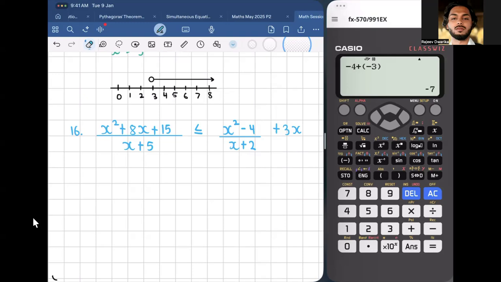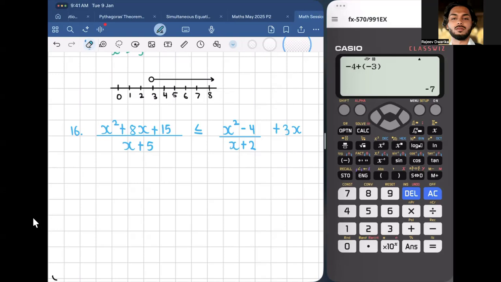X plus 3, right? You're going to end up with. But I have a question for you. First things first, I see you have an equal sign in the last line. This is an inequality. It wouldn't have an equal sign. Another thing, if you move across that 4x, that 4x is going to turn to minus 4x.